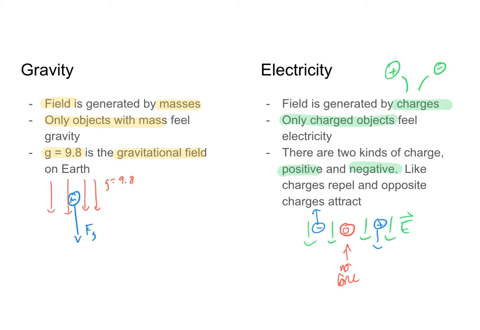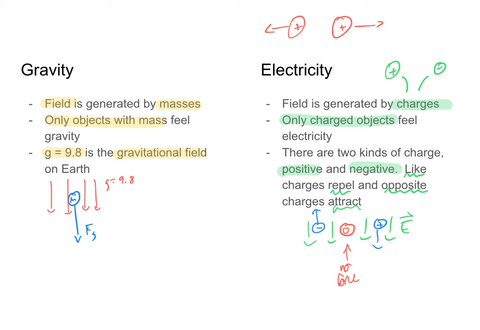In electricity, we have to worry about whether we're looking at two like charges or two unlike charges, because like charges repel and opposite charges attract. So what that means is if I take a positive charge and I put it next to another positive charge, they're going to move away from one another.